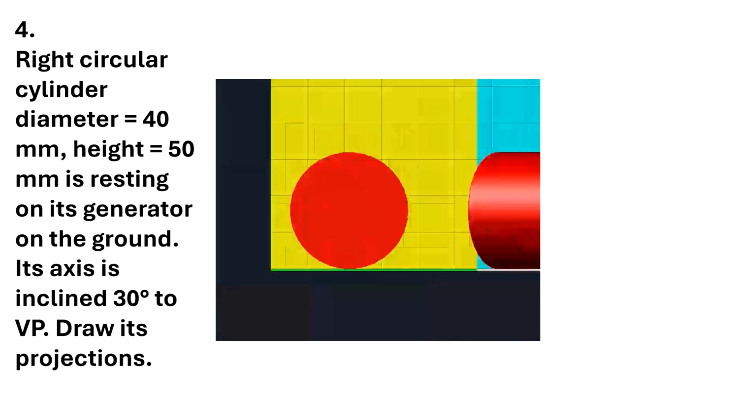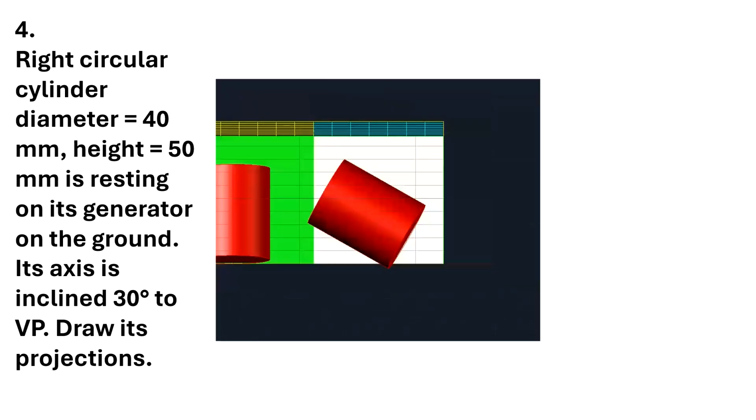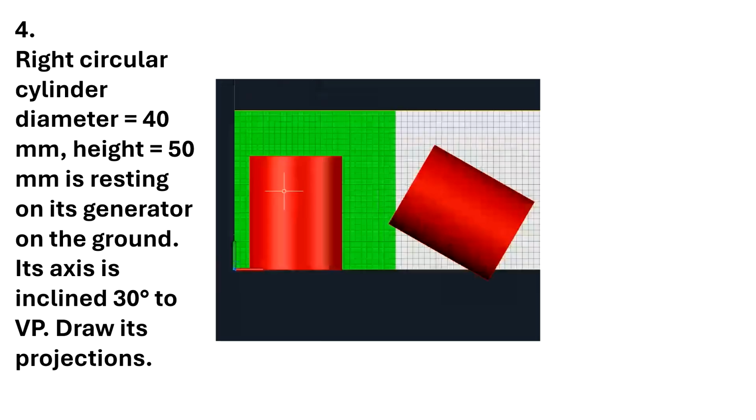So this circle I will draw, and then I can draw the projections downward, and I will get the top view. The top view will be like a rectangle, and that is the second view. Once you get this second view, we will rotate it with the required angle.